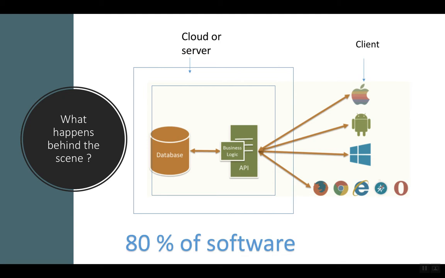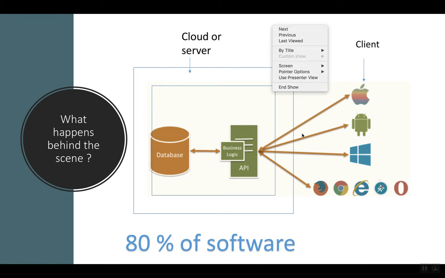Okay, here on the right hand side you can see we have a client. A client can be a mobile application or it can be a browser. Whenever required, these systems hit the backend system so that a response will come from them.